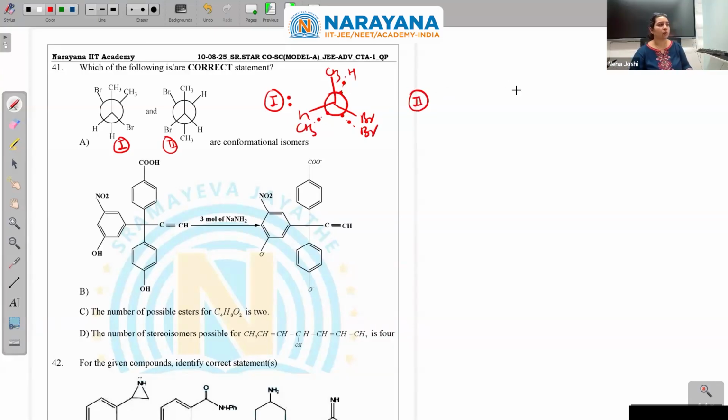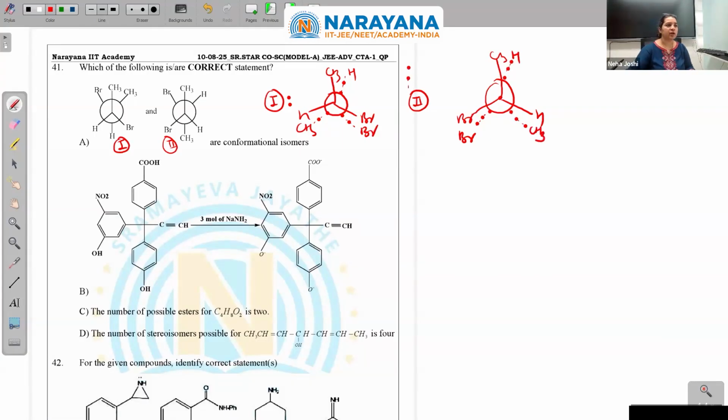Similarly, for 2 I want to do the same. First, let me draw the front carbon: bromine, CH3, H. Again, I want to bring bromine to the backside. Behind bromine there is bromine, behind CH3 it is H, and behind H there is CH3.